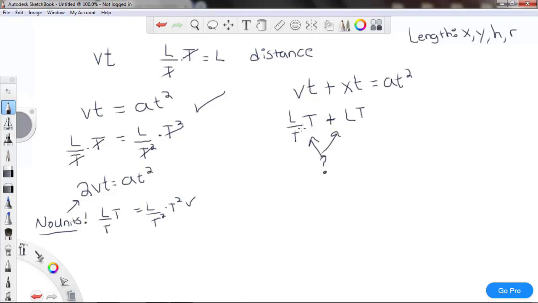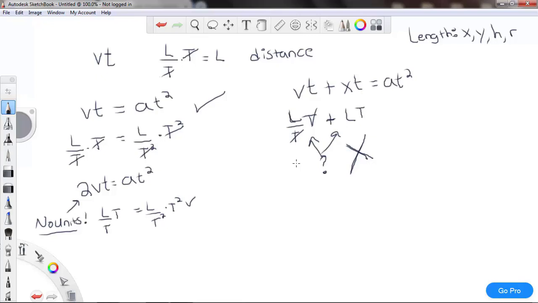On the first one, my T on the top cancels with my T on the bottom, and then I have L, which would be like meters. So I have meters plus meter seconds. That doesn't match. So this will not work dimensionally. I cannot do this because I can't add quantities that don't have the same units. So this is one way that I can check and see that my equation is incorrect.